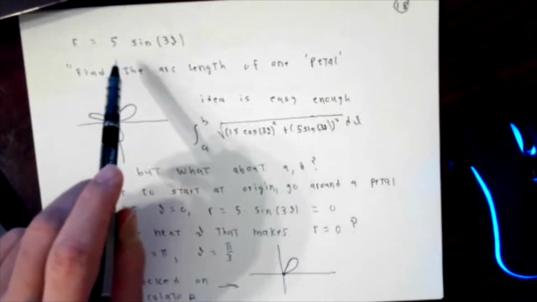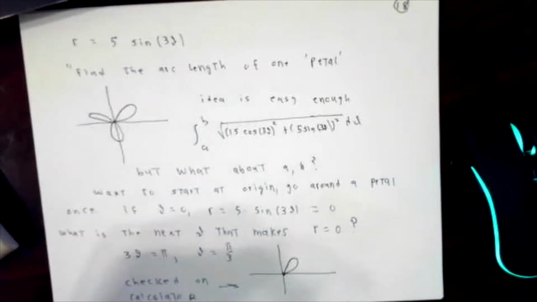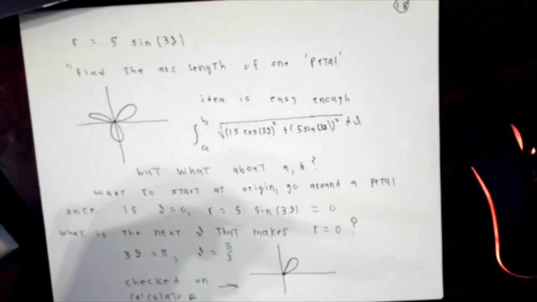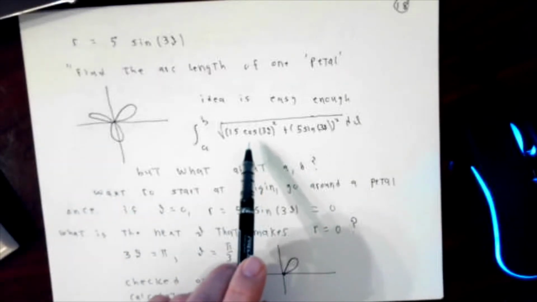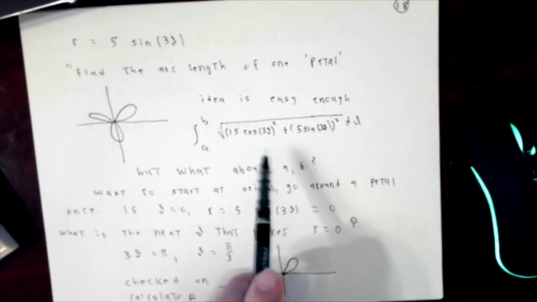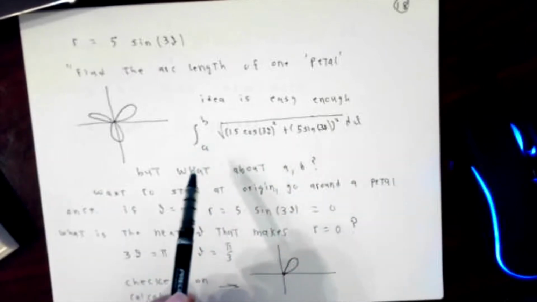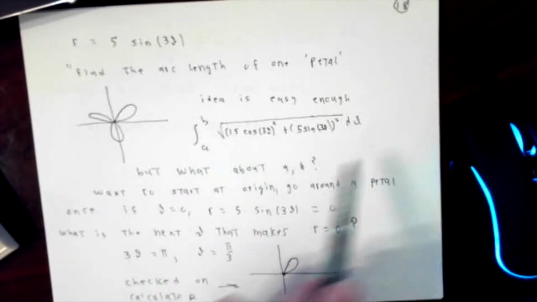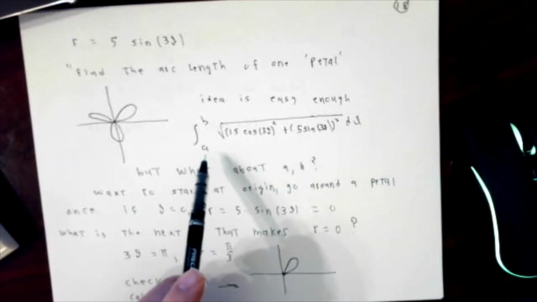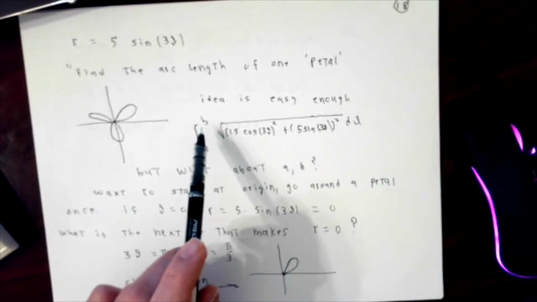I've got to figure out what dr d theta is, which is obviously going to be 15 cosine of 3 theta. I have to square that also, add the two things together, calculate the square root, and integrate with respect to theta from the beginning theta value to the ending one.